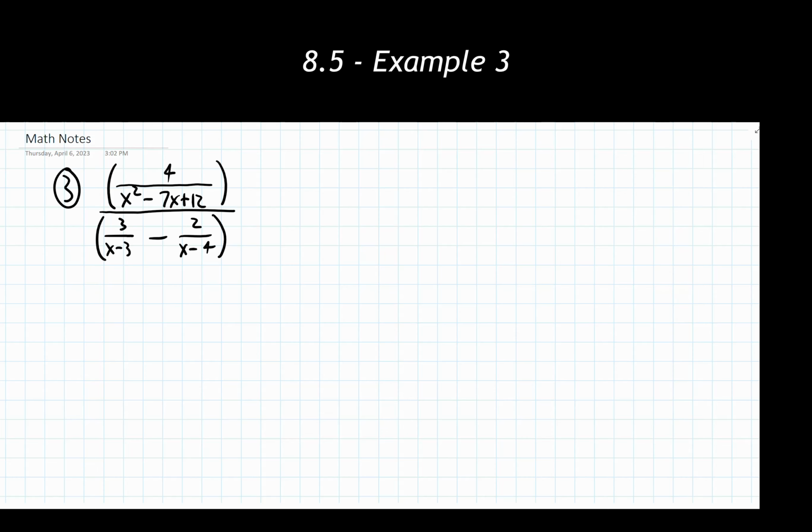Now looking at the numerator, you might look at this and think, maybe you saw this in some of the other problems or examples that we did, well, I can't do anything to add or subtract or multiply or divide anything together. But maybe I could factor that denominator if nothing else.